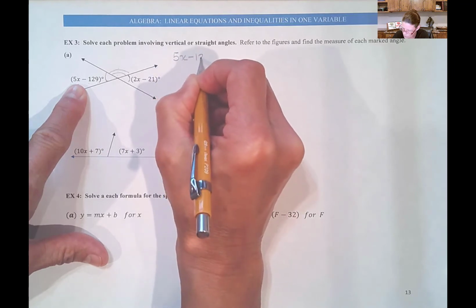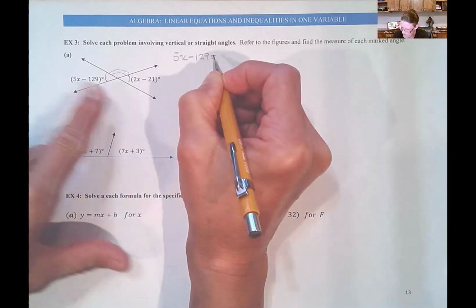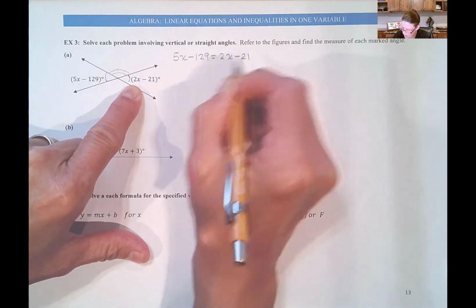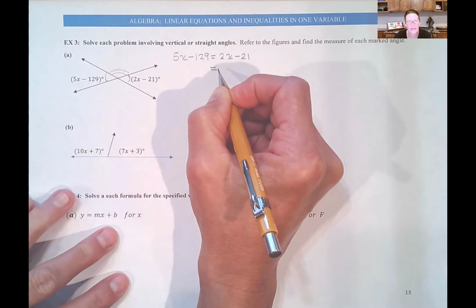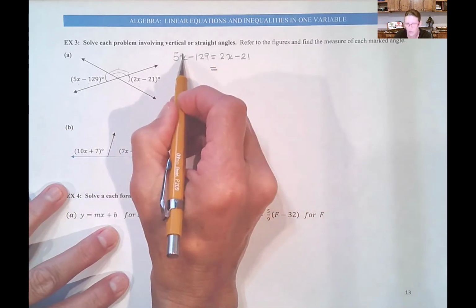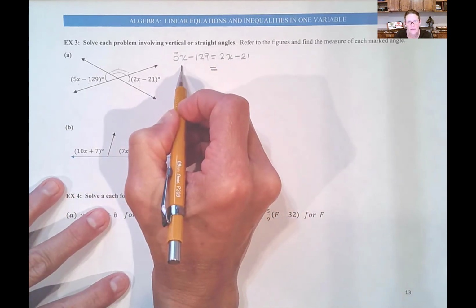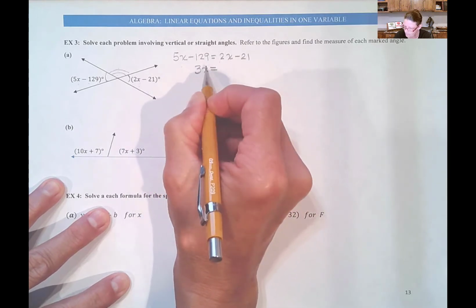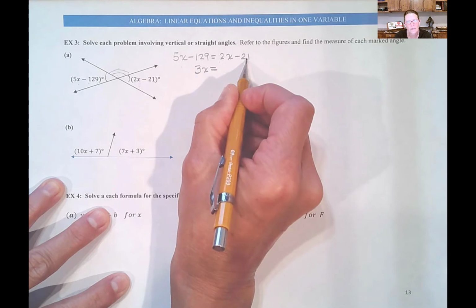5x minus 129 is equal to 2x minus 21. And let's solve for x. Subtract 2x from each side. 5x minus 2x is 3x. And let's add 129.